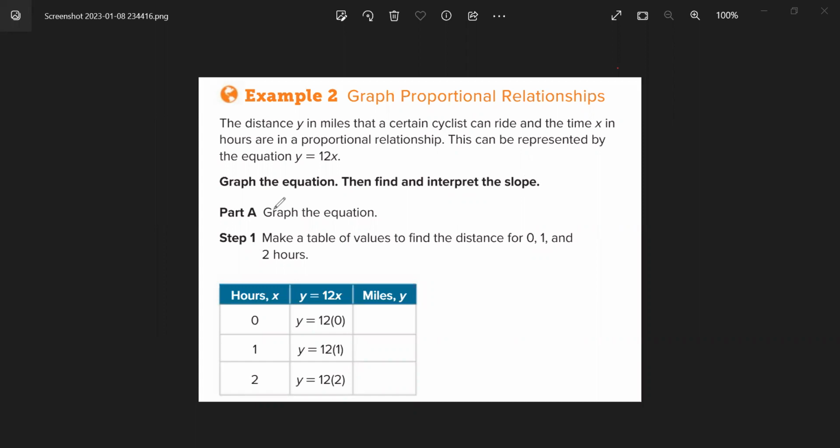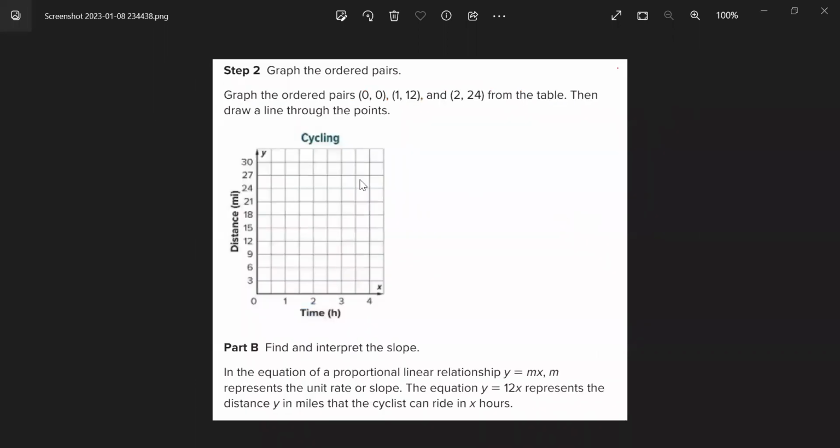So the first thing we're going to do is graph the equation. If you see your table, you'll find that you have your points right there.